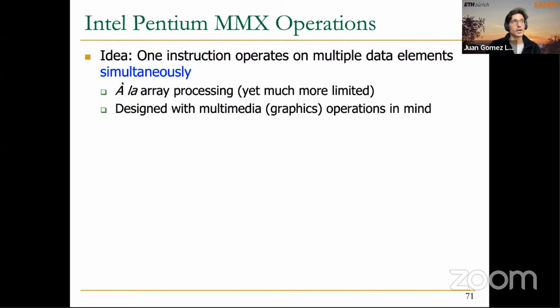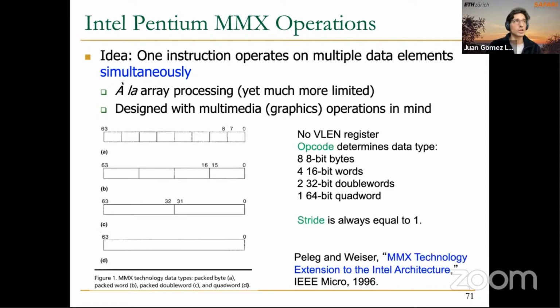It's kind of an array processing, but it's more limited, as you can see. But it can operate on different data types. For example, 8 8-bit bytes, or 4 16-bit words, or 2 32-bit double words, or 1 64-bit quad word.